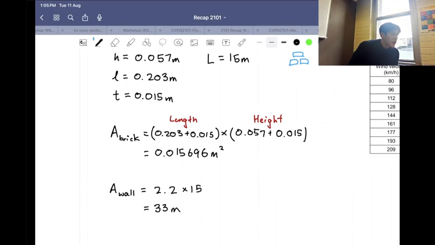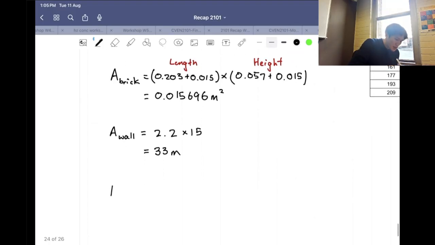Now that you have the area of each brick and each wall, to find the number of bricks you need, so n bricks, you just do the area of the wall divided by the area of each brick. And then you also have to times by the number of walls.